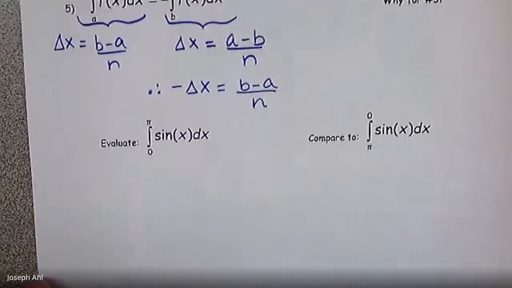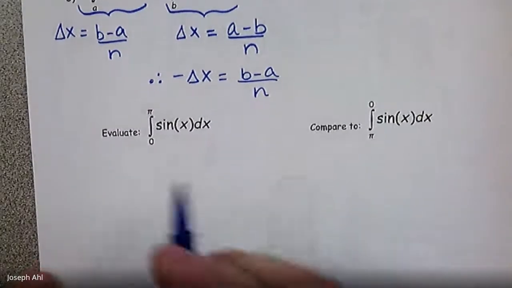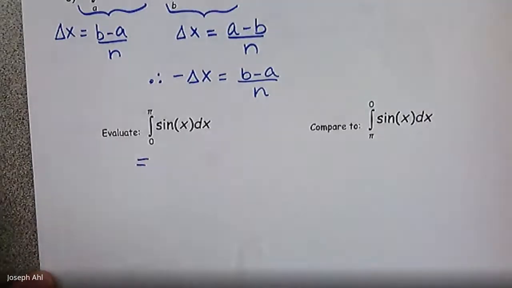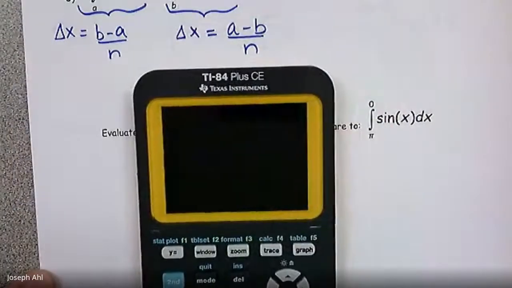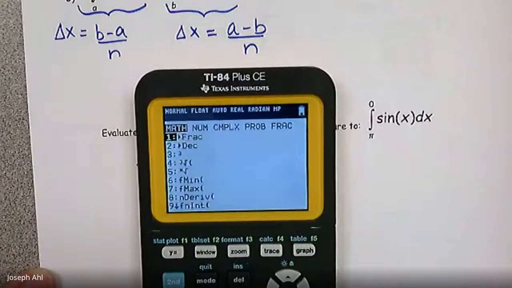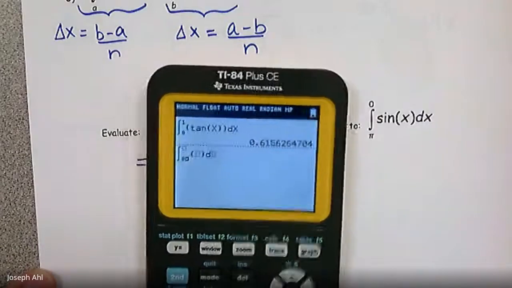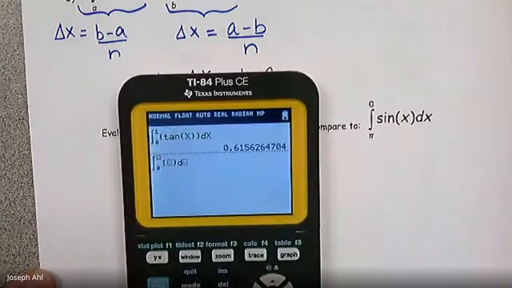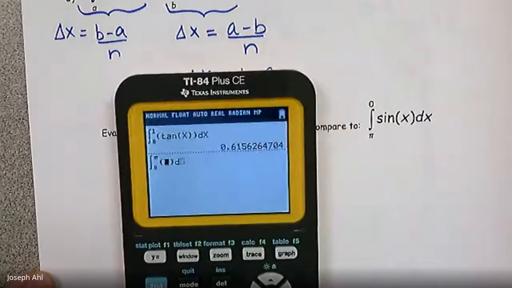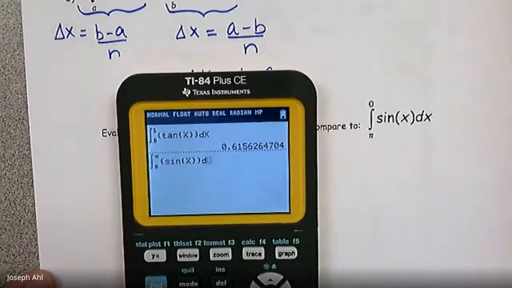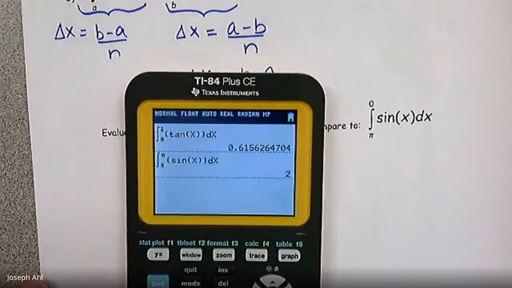Okay, so if we look at these two examples here, the integral from 0 to pi of sine x dx, I feel like we did this in the lesson yesterday, but if I'm not remembering that correctly, let's see what Math 9 tells us here. The integral from 0 to pi of sine x dx is going to wind up equaling 2, interestingly enough.